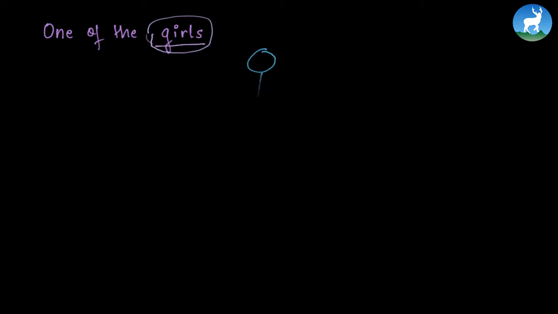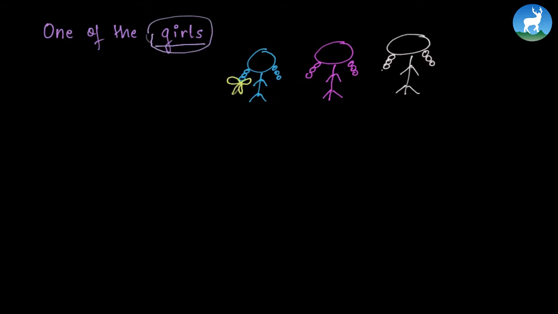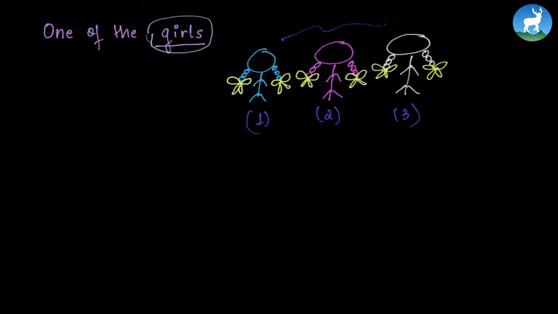So here, in the picture, there are 3 girls. One girl is girl 1, then the second girl, and the third girl. So these are 3 girls, and we are talking about one among these 3 girls, right?